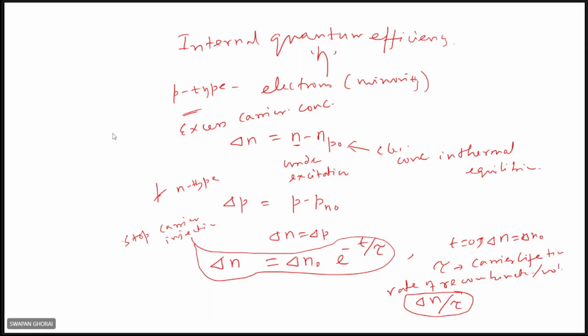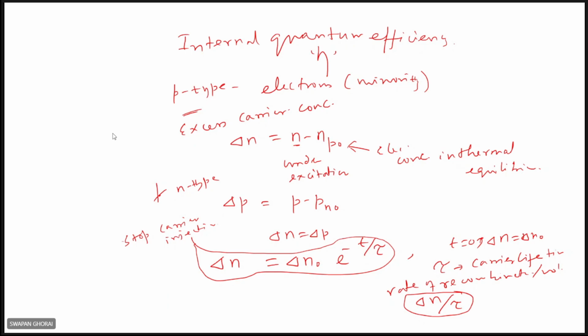This quantum efficiency is most important because it correlates every parameter, right? The power output will also be determined by this eta. Speed will also be affected by eta. We'll see it. So let us focus on how much power you can get from the LED.